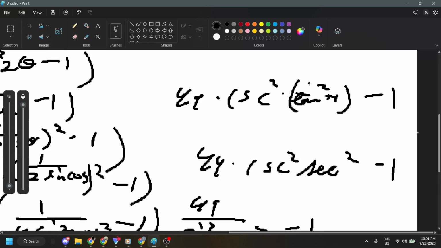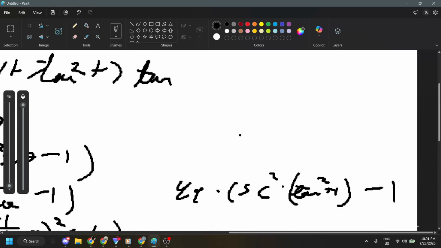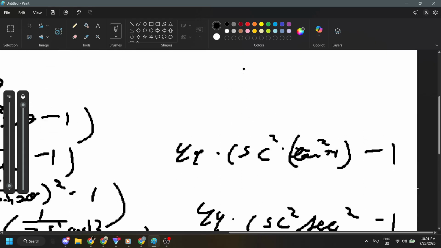Huh. I just have this pesky cosecant that I can't get rid of unless I have a vision. I have a vision. Cosecant is... Never mind, I don't have a vision.